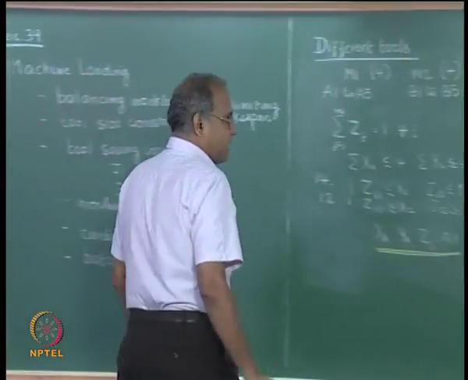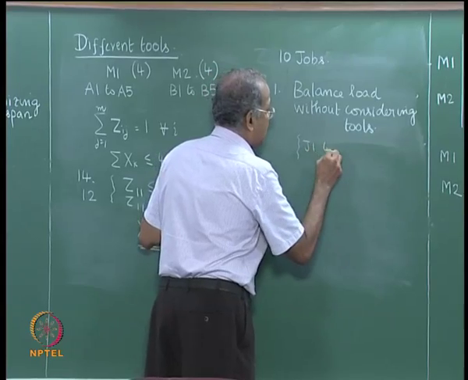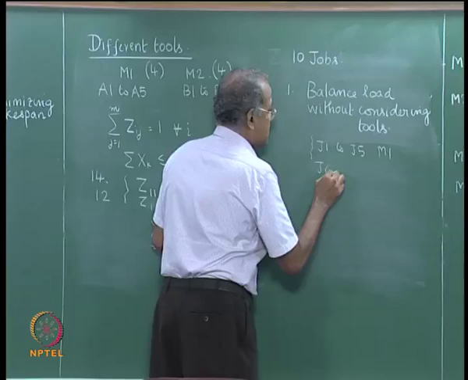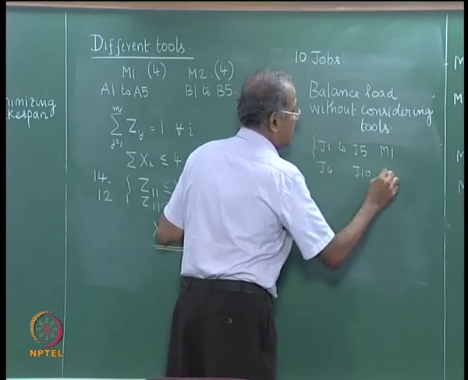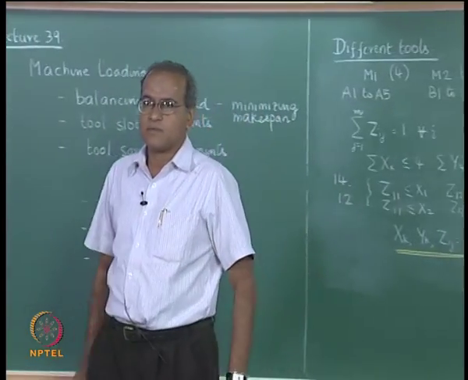Then for example, if we have a solution which says jobs J1 to J5 will go to M1 and let us say jobs J6 to J10 will go to M2. Suppose this is the solution.